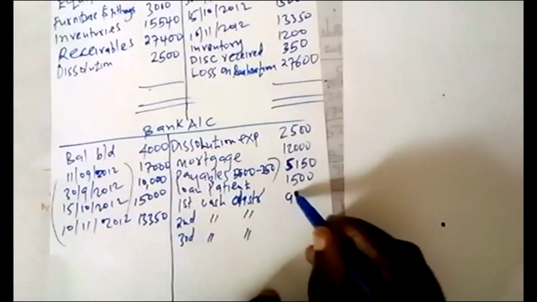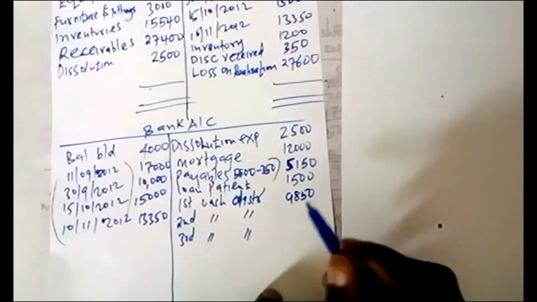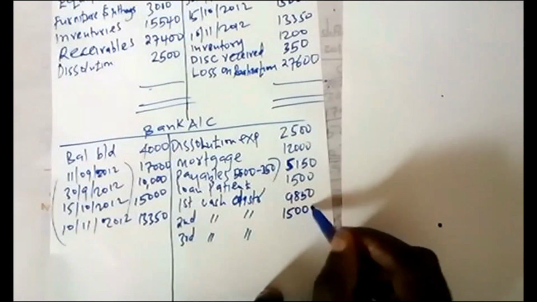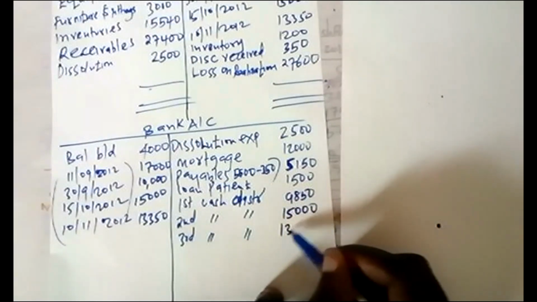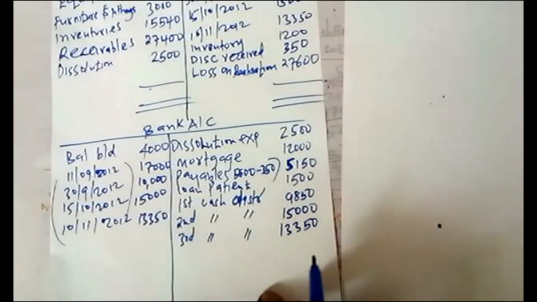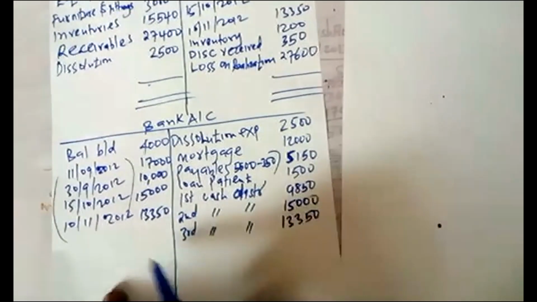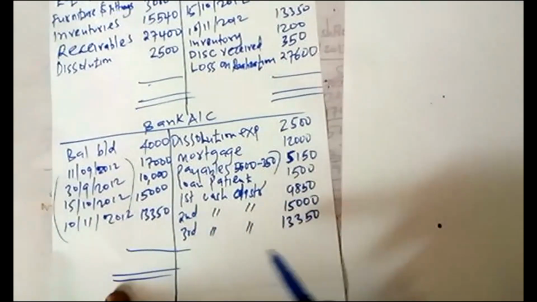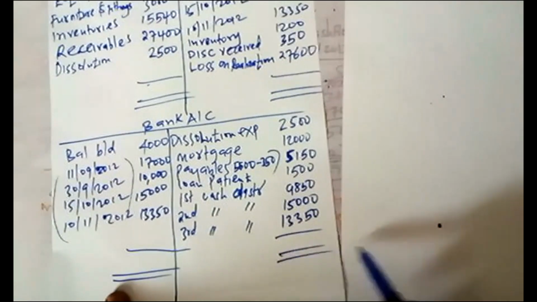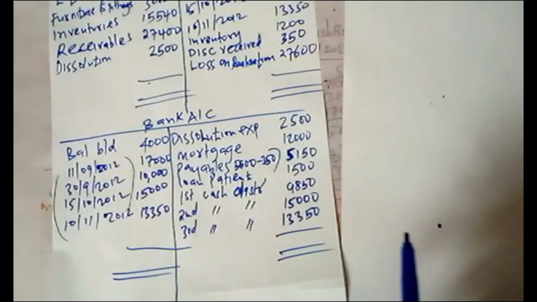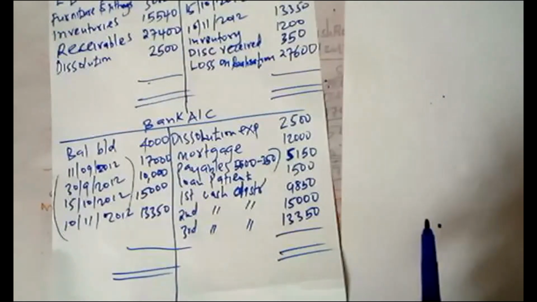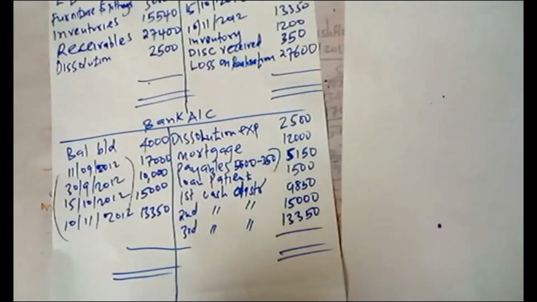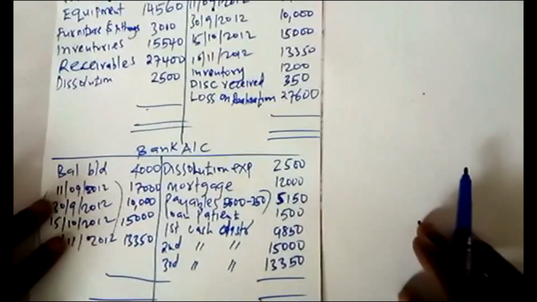So I've said 98.50, we have 15,000, and we have 13,350. So that is fine up to that point. Again, if you record this and balance, they are supposed to balance automatically. So are they balancing?